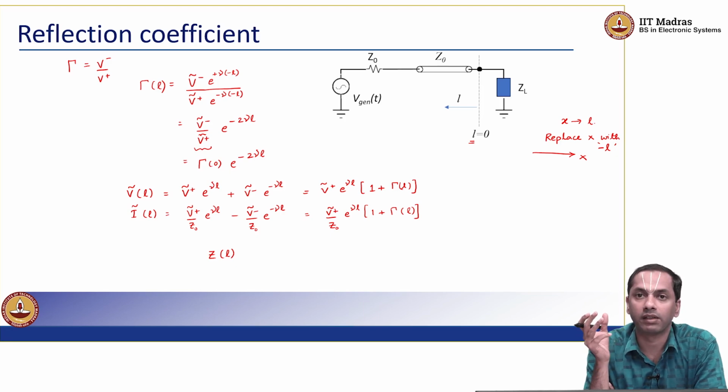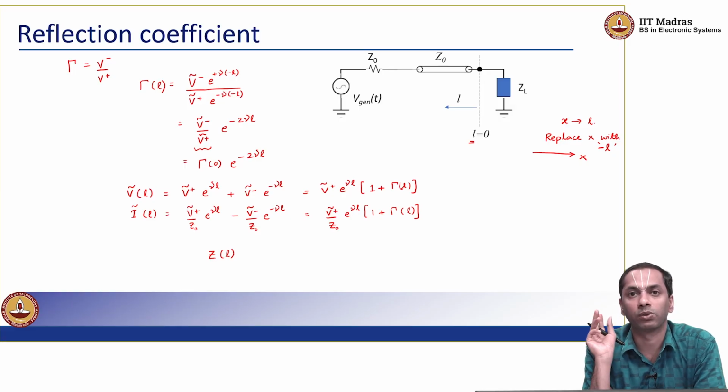This is like saying that the impedance at any particular location is basically voltage divided by current at that particular point, right? So if I had a probe that took any point along the transmission line and measured the voltage and current, you would say that this corresponds to an impedance of some Z, right?